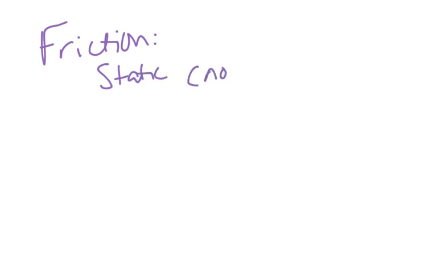Remember, if you add friction, let's talk really quickly about the equation for friction. There were two types. Static means not moving. Kinetic means you are moving or sliding.